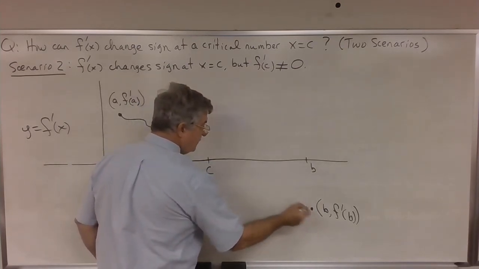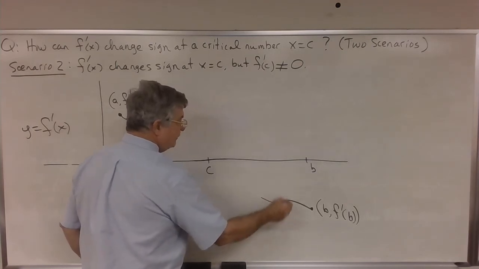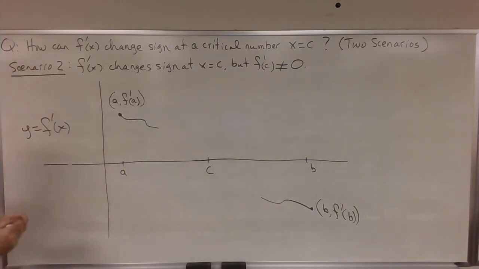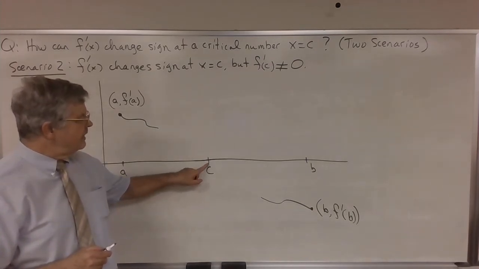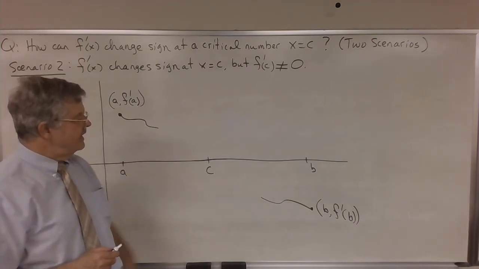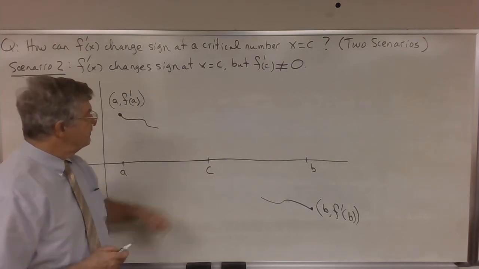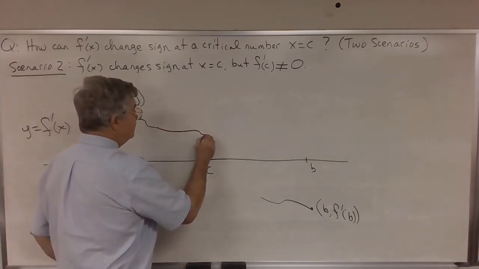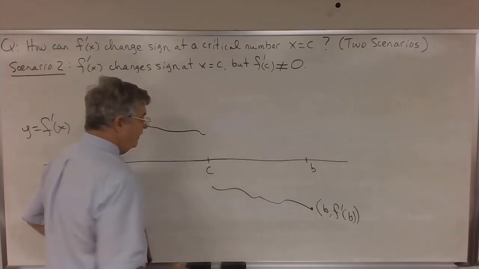And over here to the right of x equals C, the derivative is negative, so the graph of the derivative lies below the x-axis. And somehow, right at x equals C, the sign of the derivative has to change from positive to negative. So right here at x equals C, the derivative has to go from positive right here to negative right there.